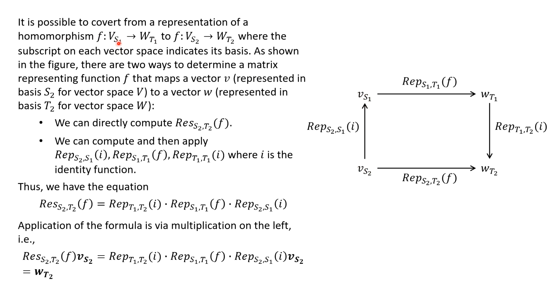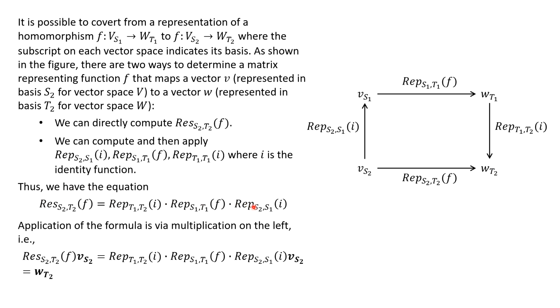Then you use your initial representation to go from V sub S1 to W sub T1, so that's using the bases S1 and T1. And then you map W from basis T1 to the basis T2. So you can go either this long way or this way here.